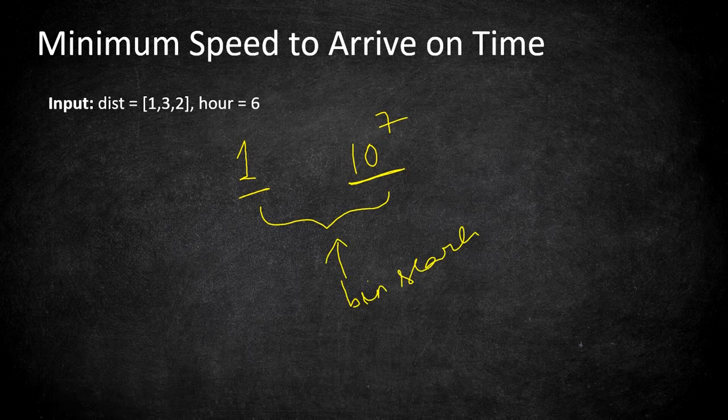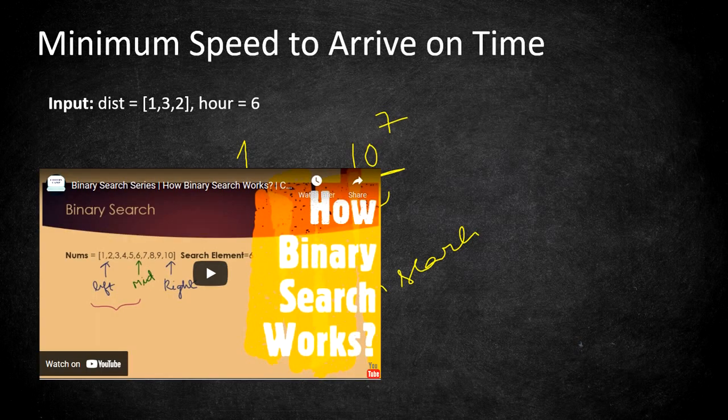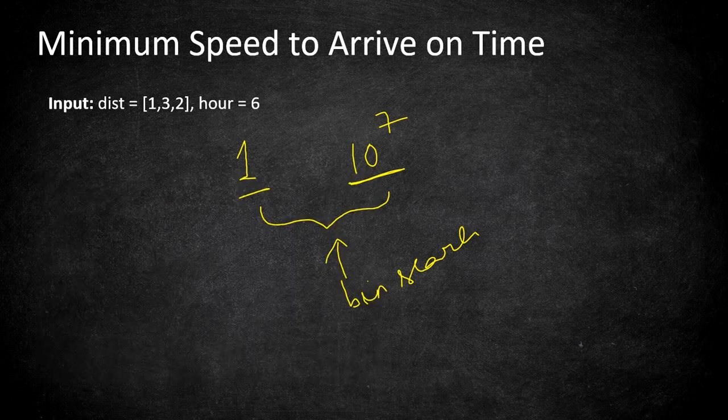So if you have watched our videos on the binary search template and other problems we have solved using binary search logic, you must be familiar with the binary search template we have used for every binary search problem. So here also we are going to use the same template or the same code to achieve this solution.